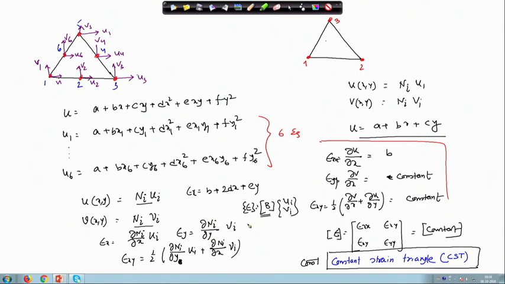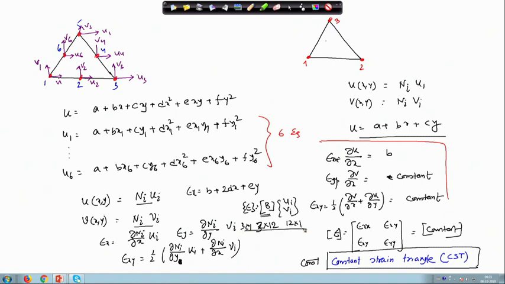So, this gives you the B matrix, the strain displacement relation. What will be the size of the B matrix in this case? You see here the total degrees of freedom is 12. So, the size of the B matrix will be 3 into 12, the displacement vector will be 12 cross 1, and the strain will be 3 into 1.